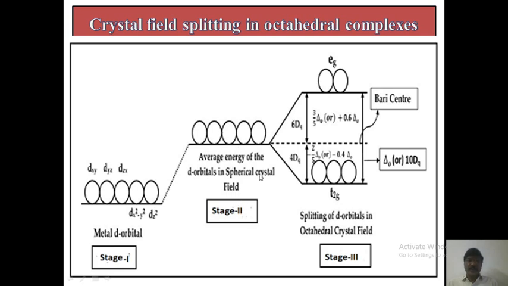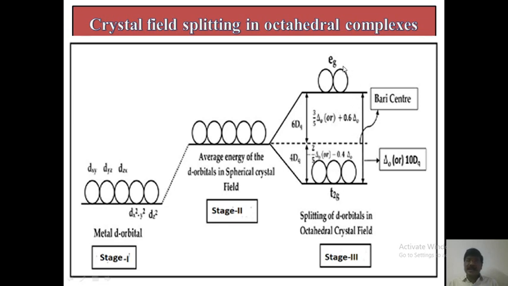Next, these degenerate orbitals are split into 2 sets: the Eg orbitals and the T2g orbitals. The T2g orbitals are at lower energy levels, and the Eg orbitals at higher energy.